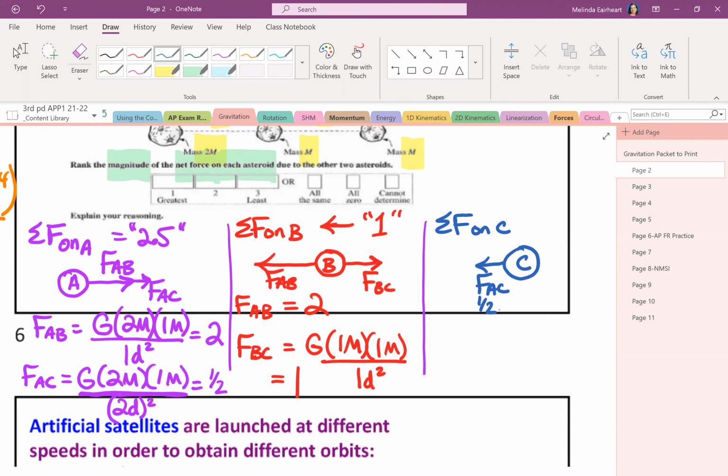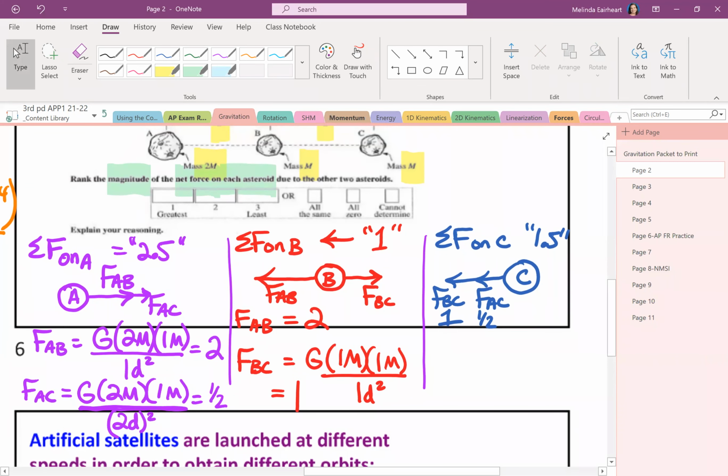What direction? Also to the left, right? So C is on the rightmost point. It's going to be pulled to the left by both masses. And so this FBC, factor of 1. So overall, your net force is going to be to the left by a factor of 1.5. Again, loose math.